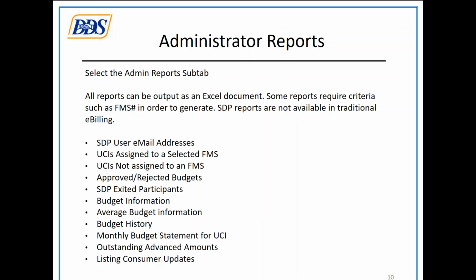Then there are the outstanding advance amounts. This is something we're not sure you're going to use, but the system will handle the use of advanced funds. So if that's something your regional center is using, there is a report to help you track which consumers were given advanced funds and how much is left. And then we also have a listing of consumer updates.